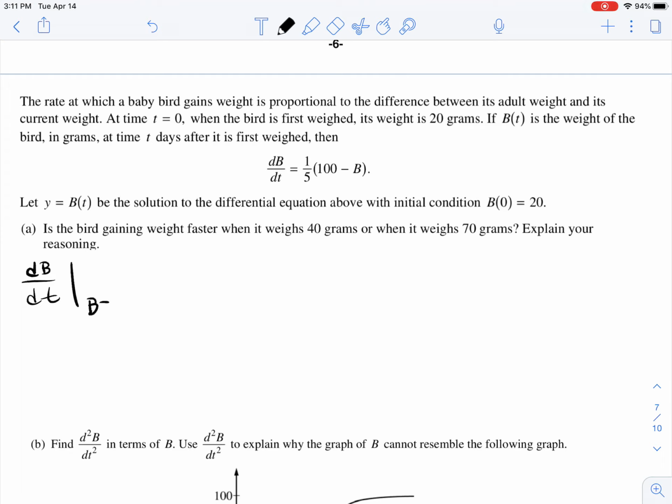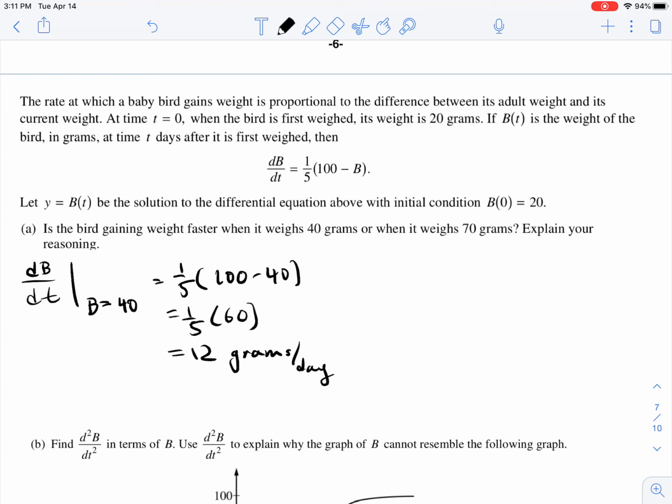So B is going to give us our weight, so at 40. So from here, we're just going to plug in B being equal to 40, so that's 100 minus 40. So 1/5 of 60 then just gives us 12 grams, right? And this gives us grams per day. That's the rate at which this bird is growing.